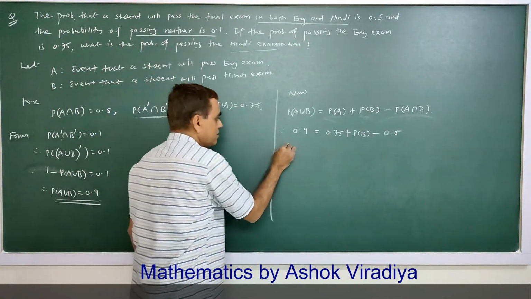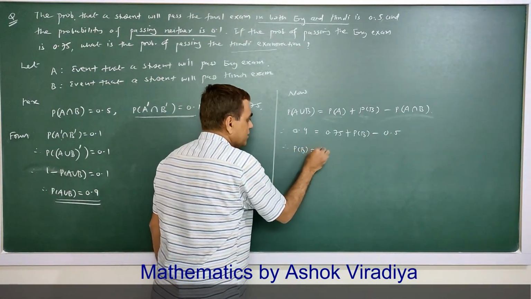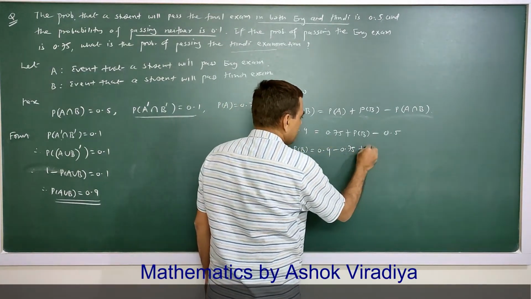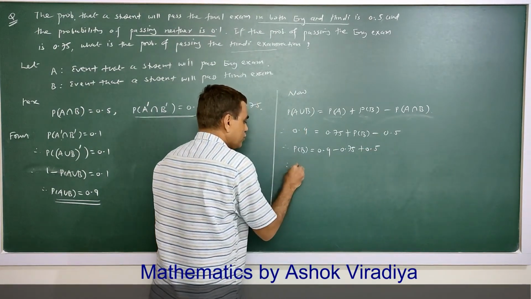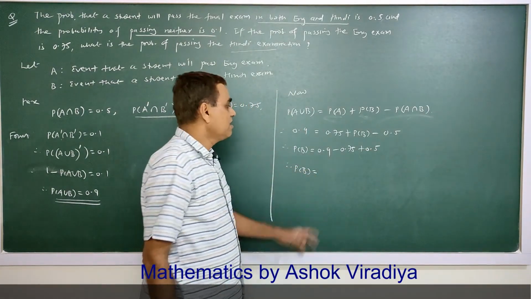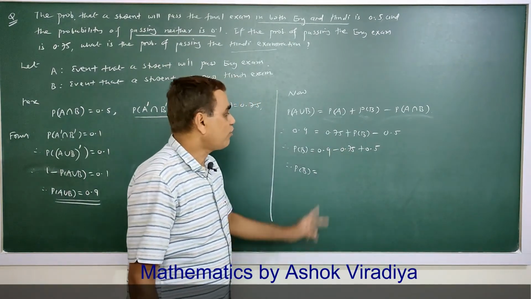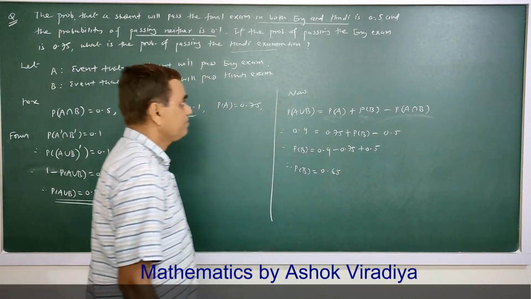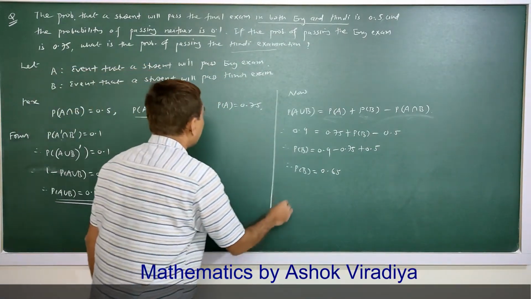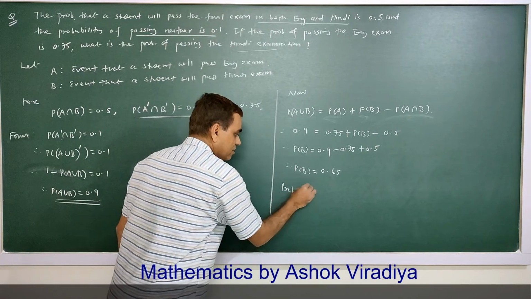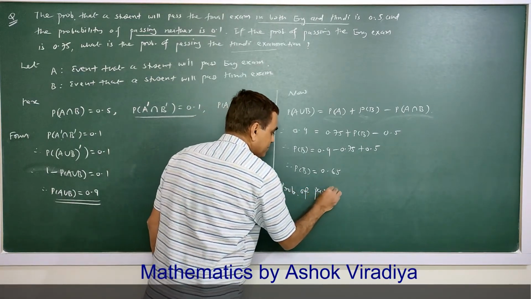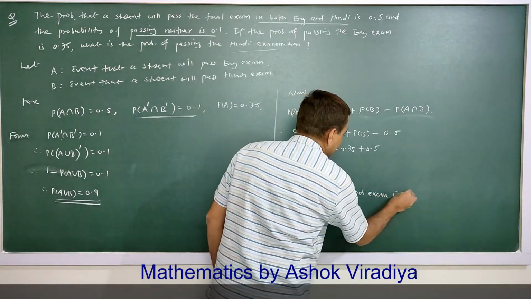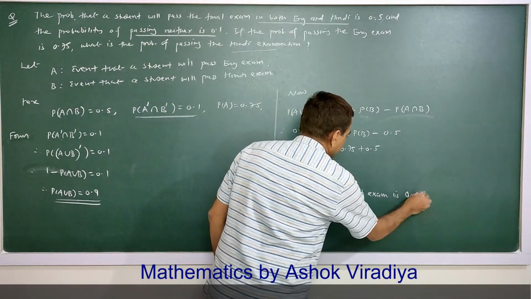So probability of B is 0.9 minus 0.75 plus 0.5. 0.9 minus 0.75 is 0.15, and 0.15 plus 0.5 is 0.65. So the probability of passing the Hindi examination is 0.65.